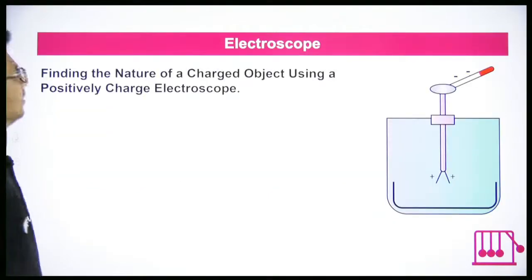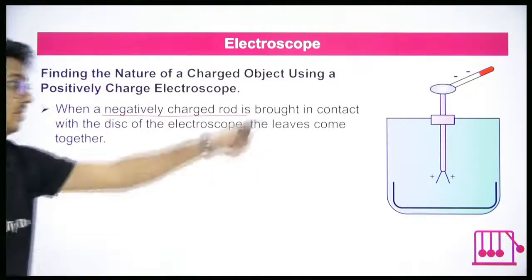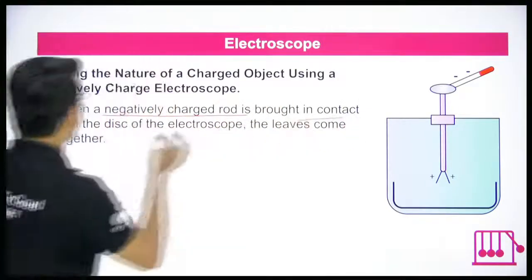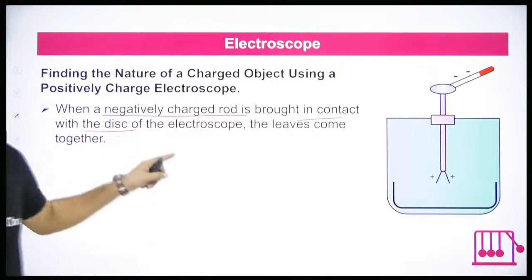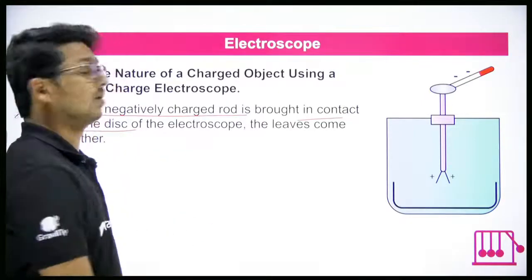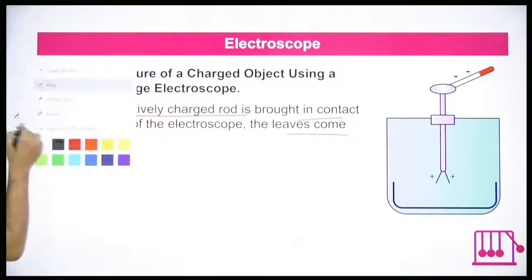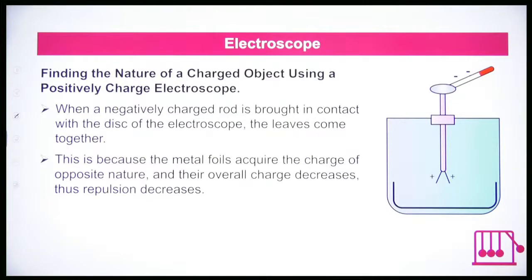Okay? Good. Then, another case, that is when a negatively charged rod, as shown in the figure, is brought in contact with the disc of the electroscope. What happens? The opposite charged rod is brought in contact. The leaves come together.